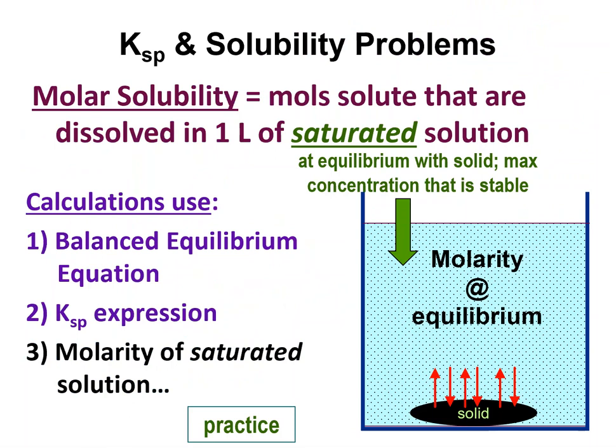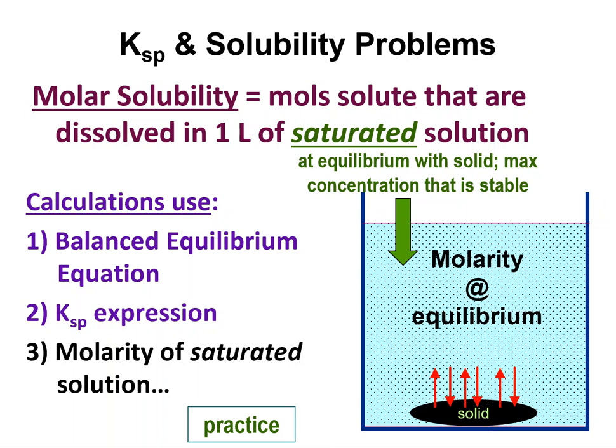Okay, molar solubility. How much salt can dissolve? Well, the whole point of solubility products and having an equilibrium reaction is that if this solution is not saturated, holding the maximum that it can, then there is no equilibrium. If it's not saturated, then everything will just dissolve.